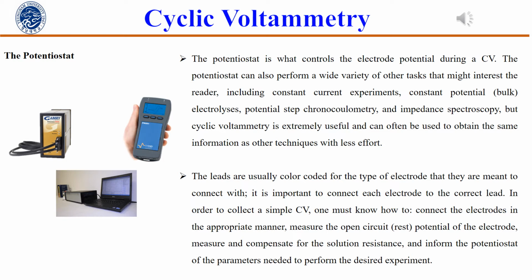The potentiostat is what controls the electrode potential during cyclic voltammetry. It can also perform a wide variety of other tasks that might be of interest in different applications.